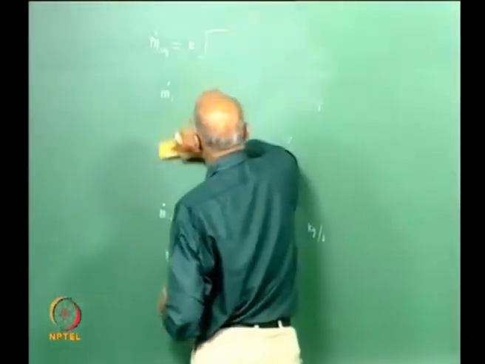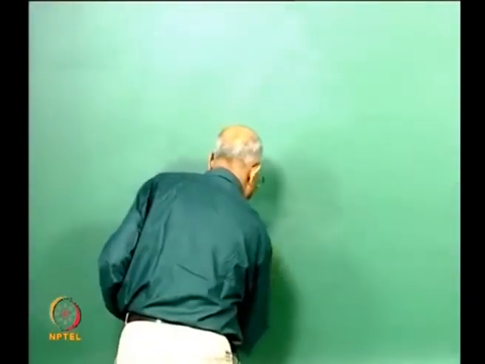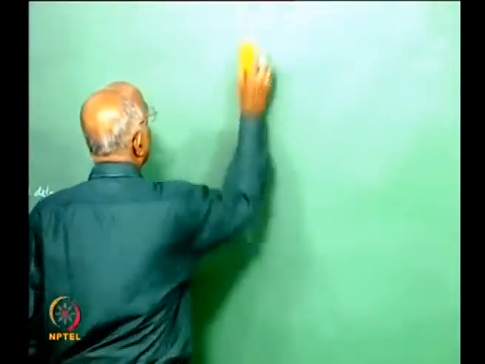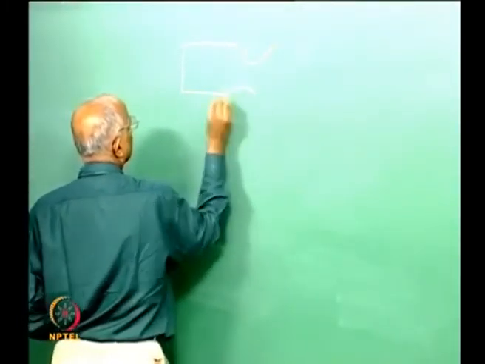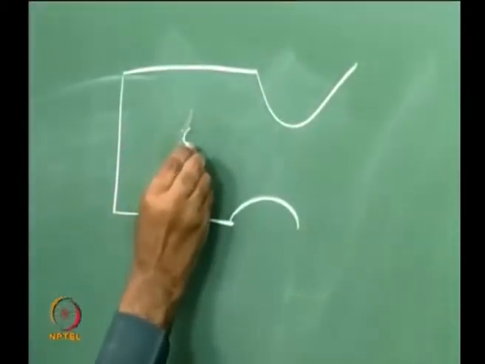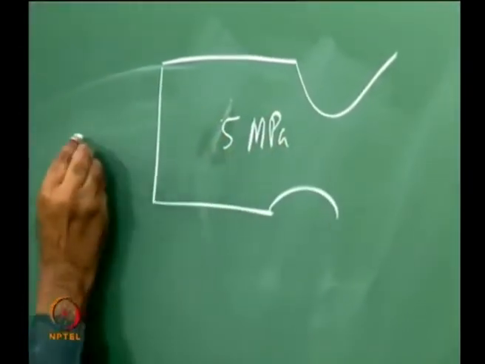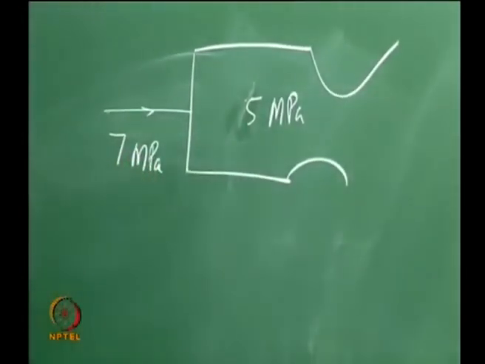Let us now assume that I have another rocket chamber, in which my injection pressure is different, and the chamber pressure is still the same. I keep it at, let us say, 5 megapascal.